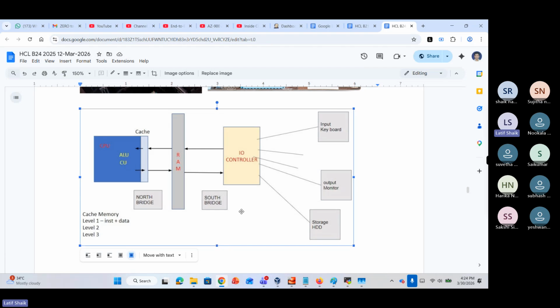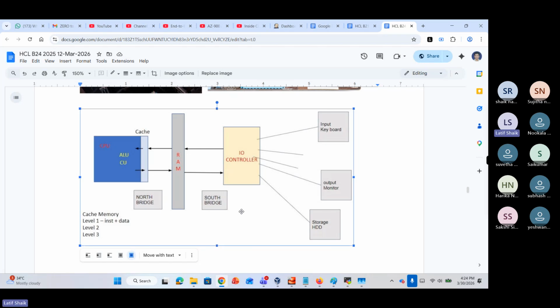So through the South Bridge or I/O controller, we are giving instructions, input, and also we are getting output. That entire input output will be managed by I/O controllers. Which input? Keyboard, mouse. We are using a lot of input devices, a lot of output devices, different storage devices. Every device is managed by the I/O controller or Southbridge.